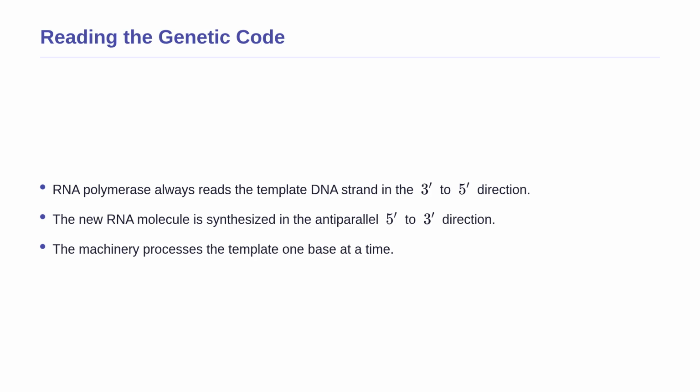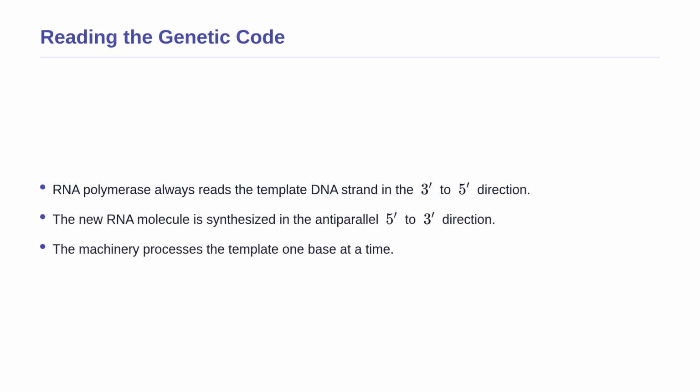Having seen how fast the machinery works, let us zoom in to a microscopic level to understand exactly how the genetic code is read. Directionality is a fundamental rule in molecular biology. The RNA polymerase enzyme has a strict directional preference. It always reads the template DNA strand in the 3' to 5' direction.